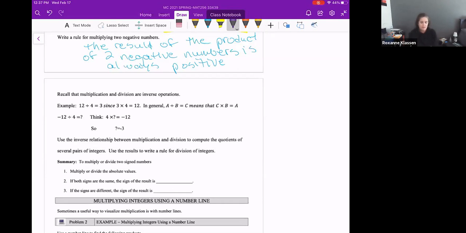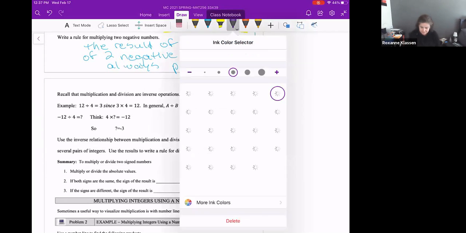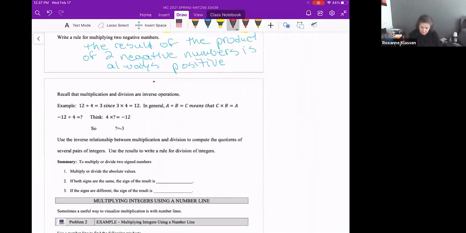You could also think of it with our chips. You could go, okay, I have 12 negative chips. 1, 2, 3, 4, 5, 6, 7, 8, 9, 10, 11, 12. This time, let's think of our divisor as the number of groups. Okay, the number of groups. So I want 4 groups.